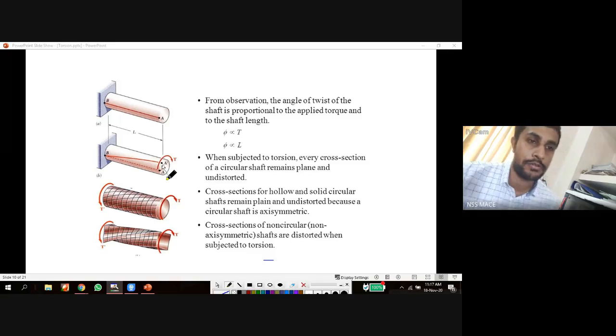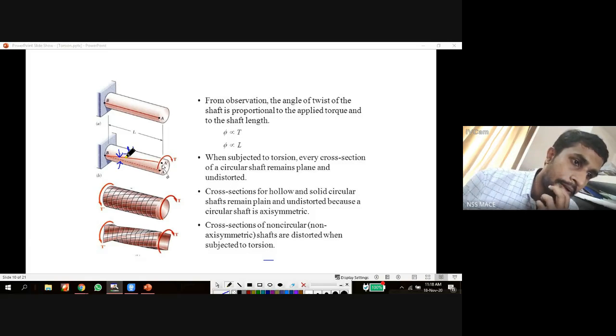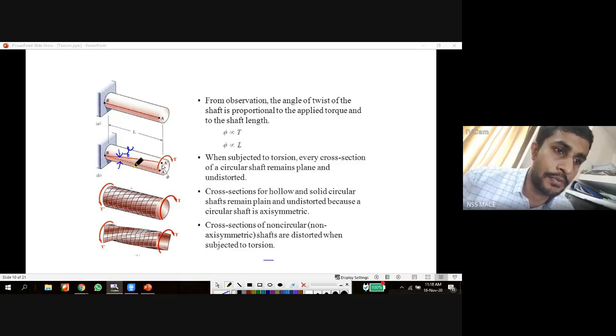That is the angular twist. And this angle in radians is called shearing strain. This is before twisting, this is a rectangular section after twisting, and this is a circular section after twisting.